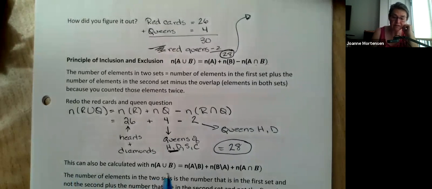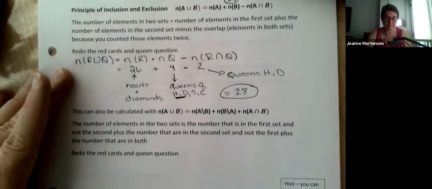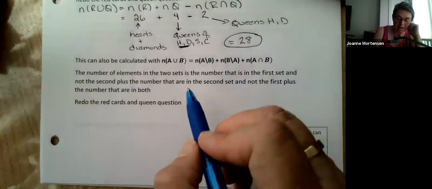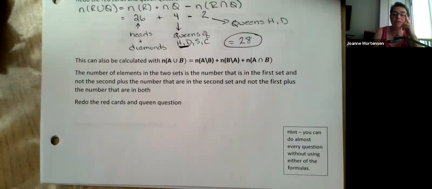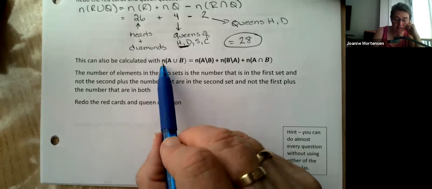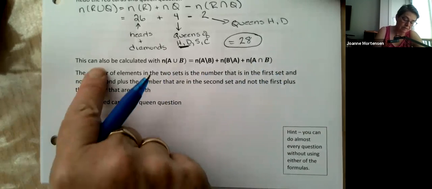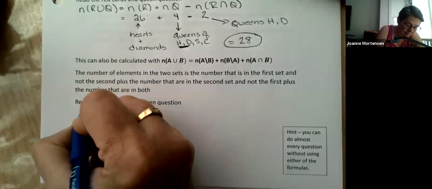So there is a different version of this formula. Which one you use, if you choose to use them, is going to depend on the information the question gives you. So you can also look at the number of A or B is equal to the number of A but not B, plus the number of B but not A, plus the number of the intersection. There it's all written out nicely for you.